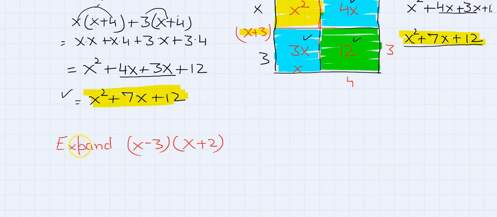Sometimes you get a question like this, expand or multiply. When they talk about expand, you have to remove the brackets, and when they talk about multiply, you have to multiply this thing. And when they talk about factorization, in factorization you have to include the bracket.